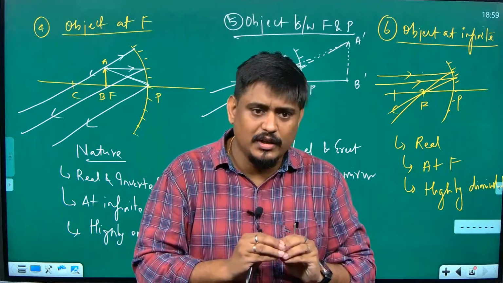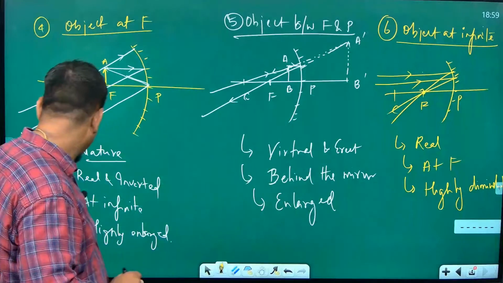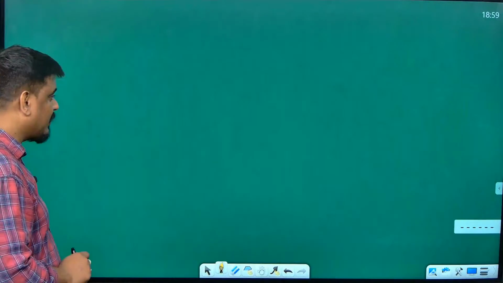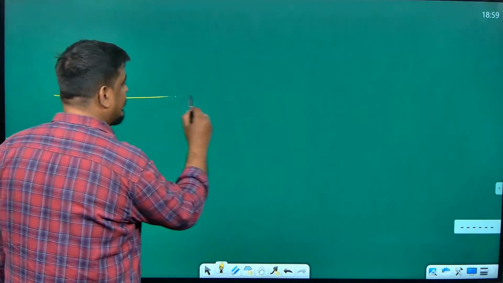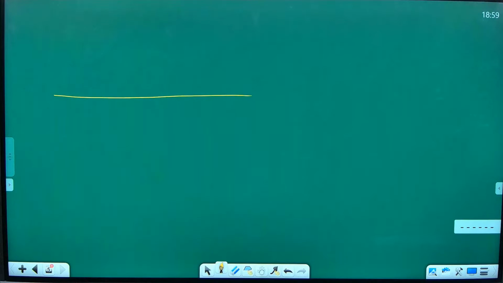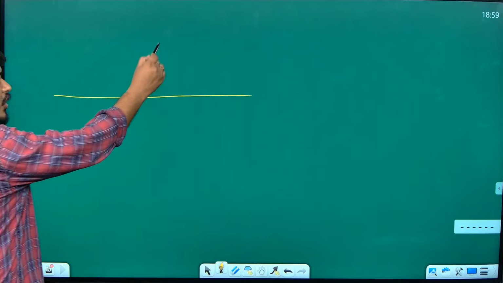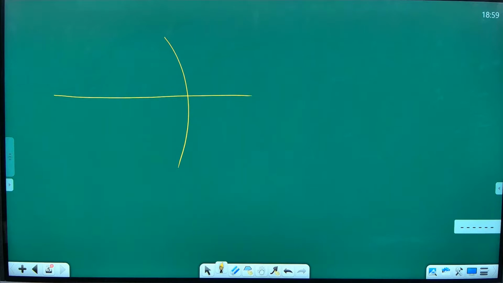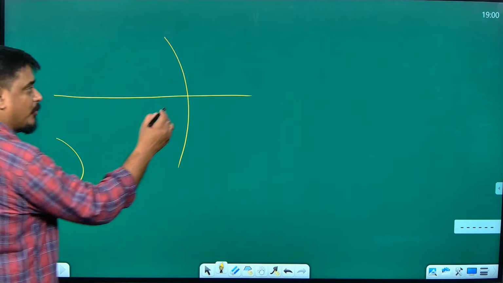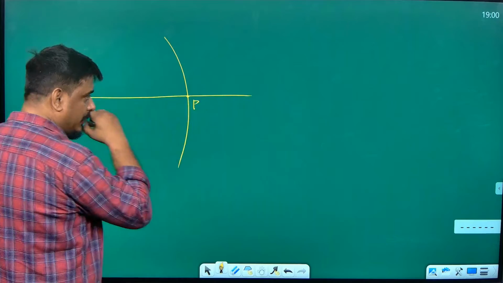Slowly you draw. Always make sure that first you draw a line. Okay? Draw a 15 centimeter line, 10 centimeter, whatever you wish. Then by your rough hand you draw a sharp curve. Don't draw a curve like this, you will not get the answer correctly. Then from this point, the pole, you draw a line.